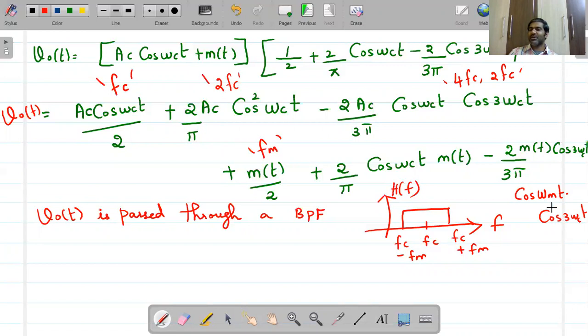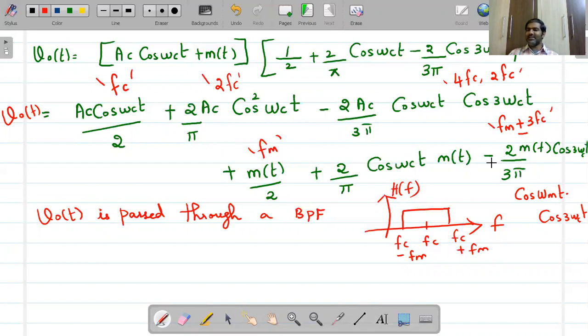Cos a cos b, so cos a plus b, cos a minus b. So omega m plus 3 omega c, omega m means fm, so fm plus 3fc, then fm minus 3fc. So fm plus or minus 3fc is the frequency of this term.